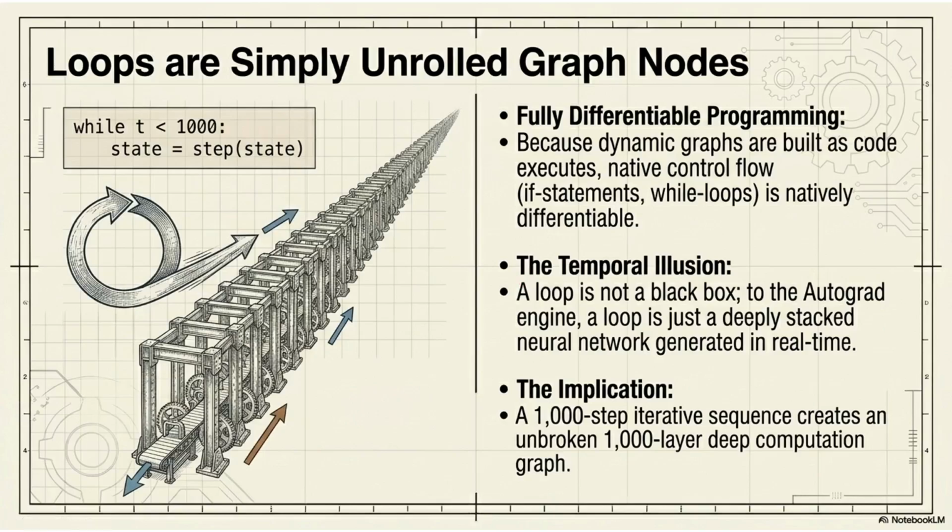To wit, a loop is not a black box, it is just a deeply stacked neural network generated in real time. The major implication here is that if you run, let's say, a 1,000-step iterative sequence, like a long physical simulation or an SDE march, you are actually creating an unbroken 1,000-layer deep computation graph.